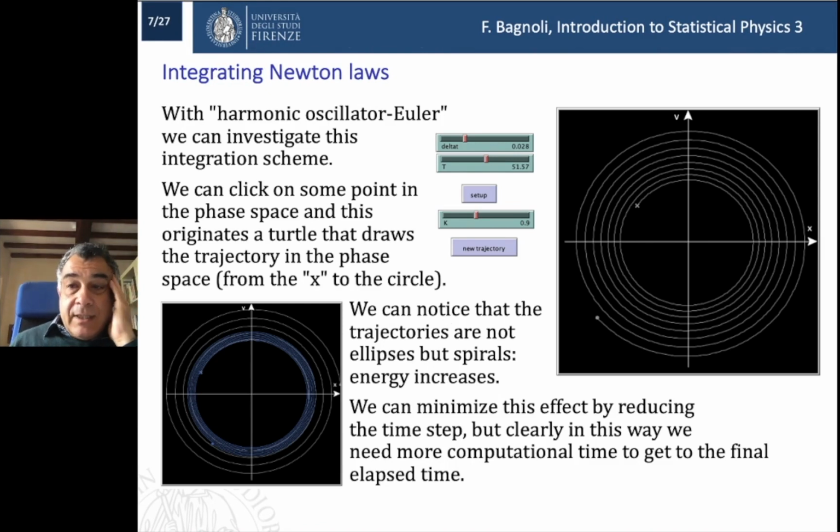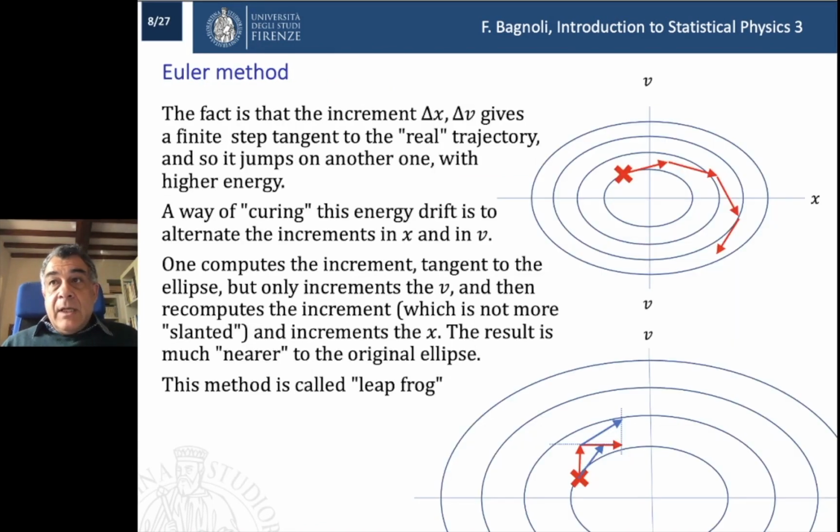So this is again the idea that during time energy increases. The fact is that we can visualize this drawing several surfaces of energy, and one can see that actually we compute the derivatives here and increase the position by a small amount.